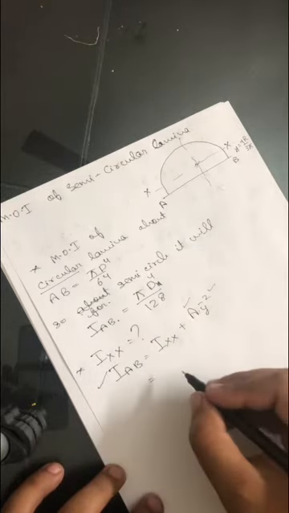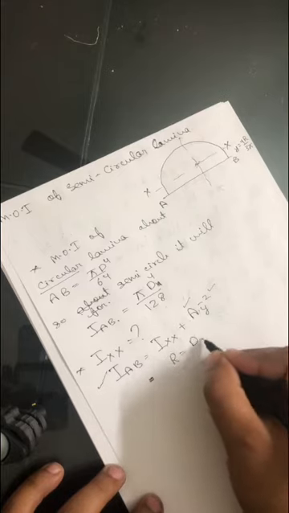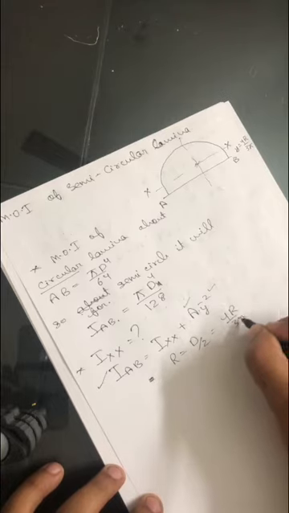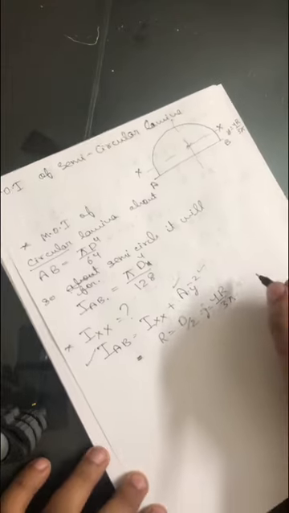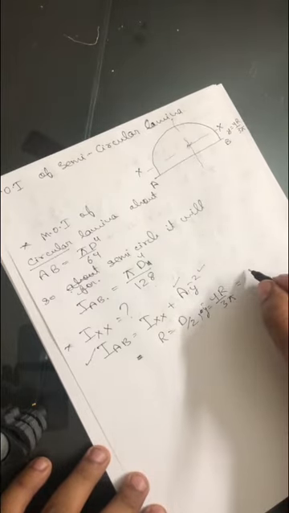So we'll put the values. We'll use r is equal to d by 2, so y bar is equal to 4r by 3 pi, which will become 2d by 3 pi.